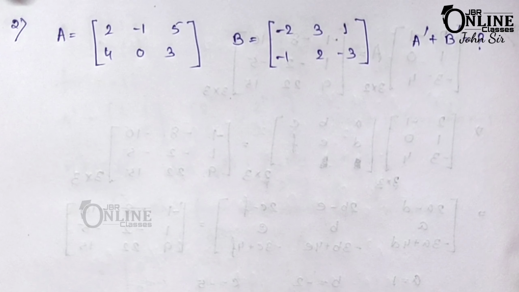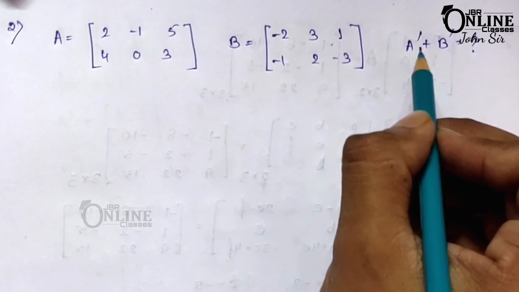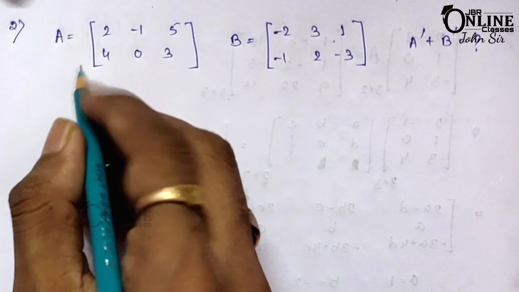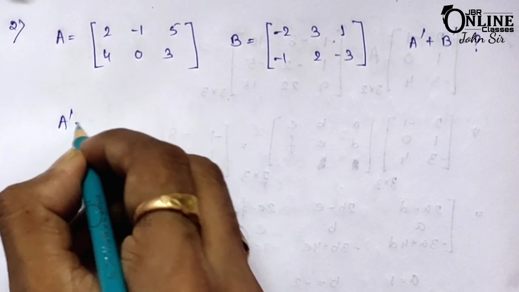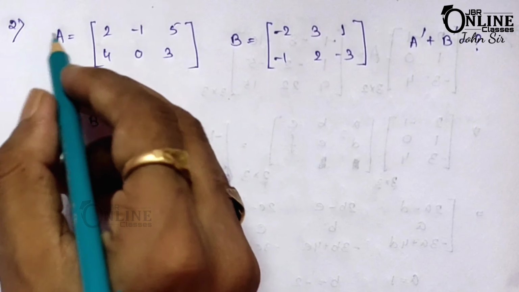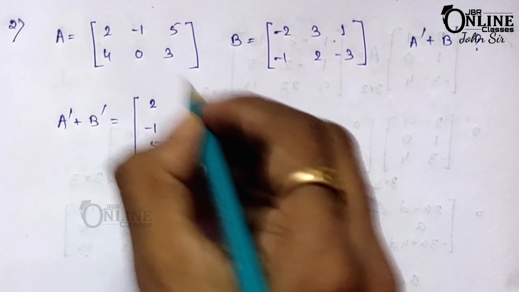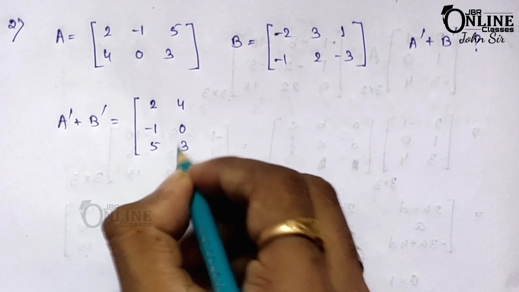Now sum number 2. If A equals this one, B equals this one, then you have to find out A transpose plus B transpose. Okay, so that means first you have to find out the transpose of matrix A. So it will be now 2, minus 1, 5, then 4, 0, 3.